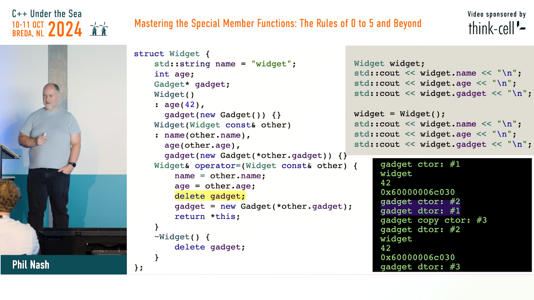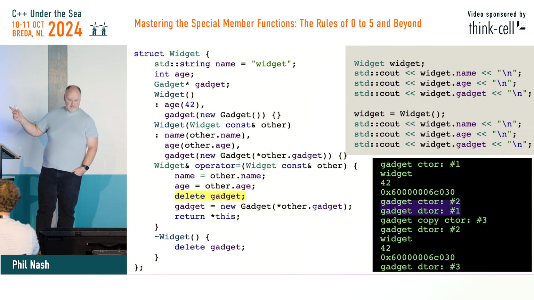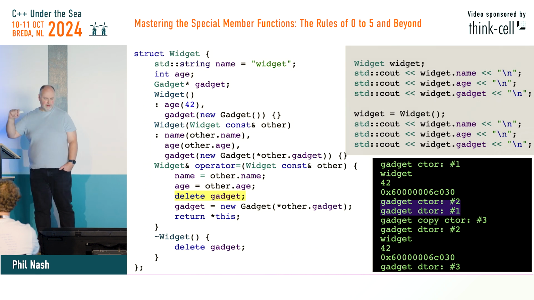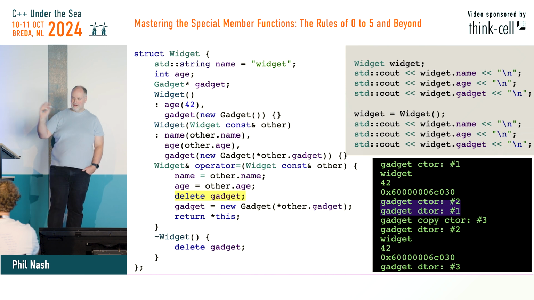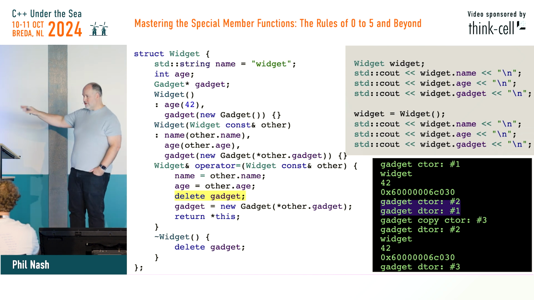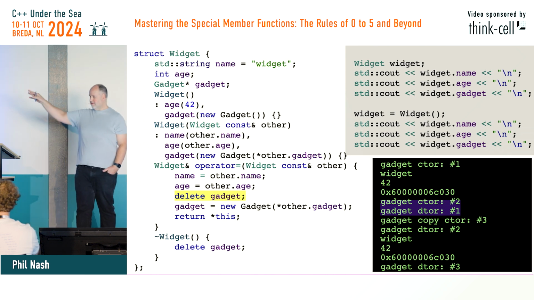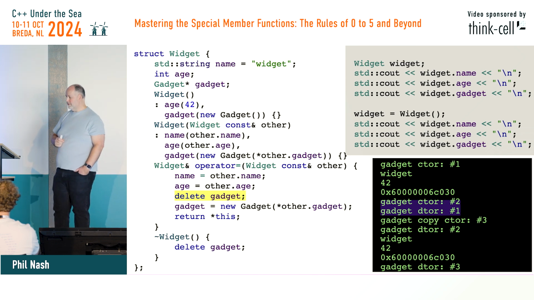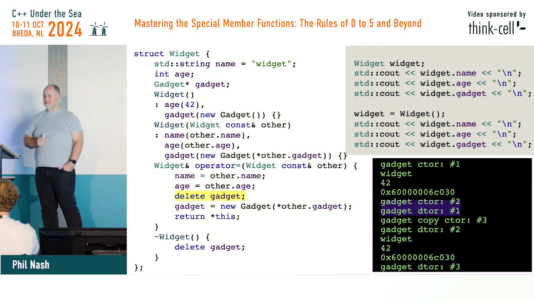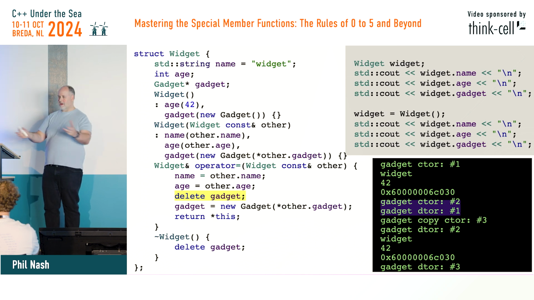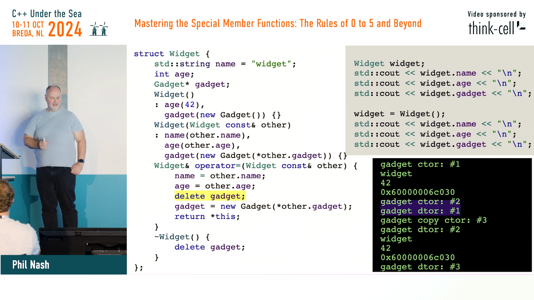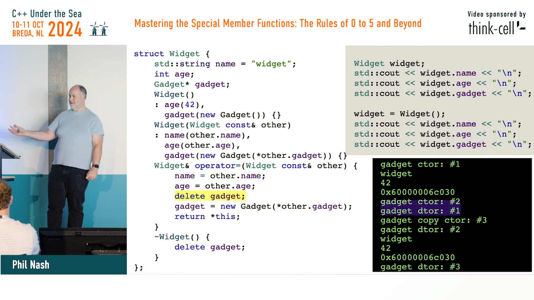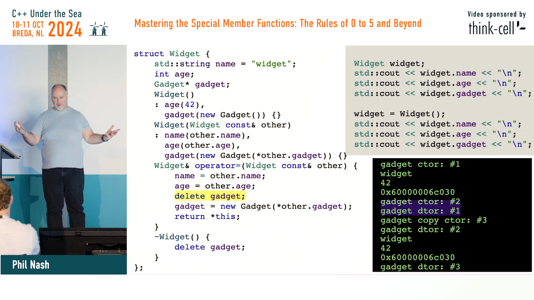Great, we're done. Unless an exception is thrown between that delete and creating the new one, either from gadget's constructor, which it could do, it's using cout, or the new, if it's out of memory. So in that case, it's going to leave us in a half-assigned state, where it's got a deleted gadget, but we haven't nulled out the pointer.